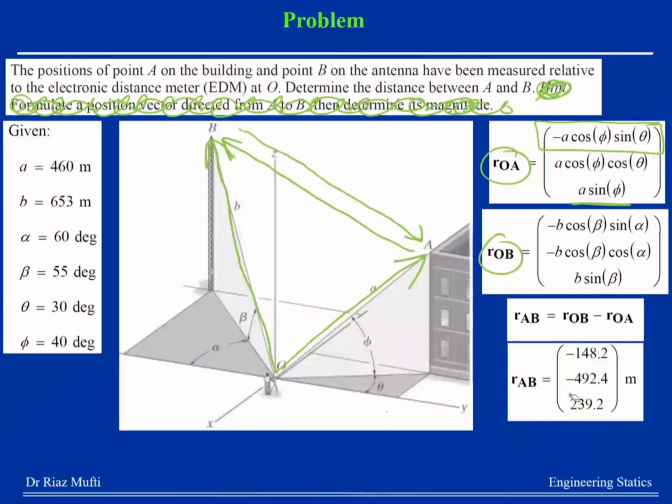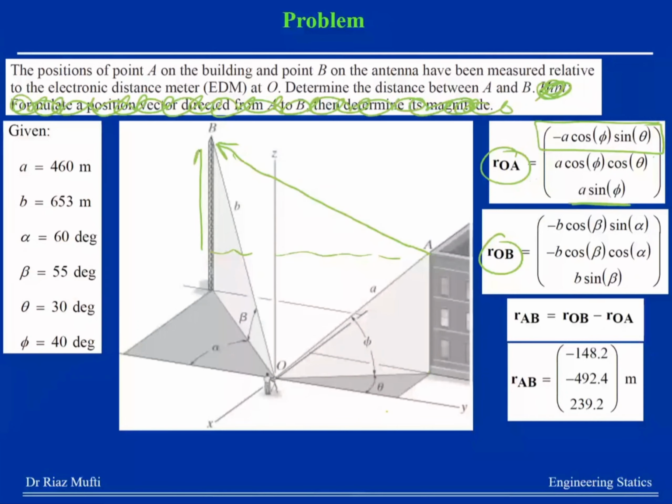For RAB, that's from A to B, clearly it has got a Z component upwards, so that is positive. You can clearly see that my Y component is in this direction, which is opposite to my Y axis here, and therefore that is negative.